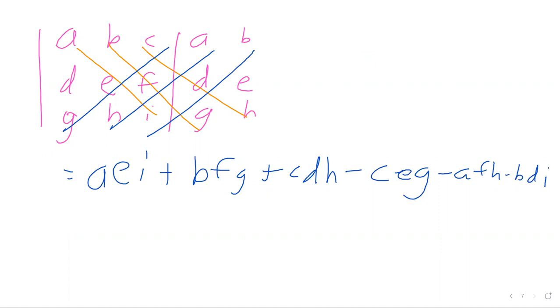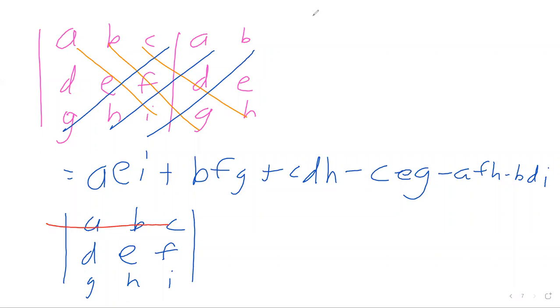Now, another way to conceptualize your determinant is technically what we do is, let me rewrite. We choose one of our values in the top. So let's pick A. We're going to cross out everything in that row and everything in that column, and we're going to do the determinant on what's left.